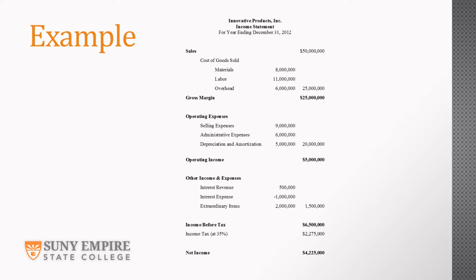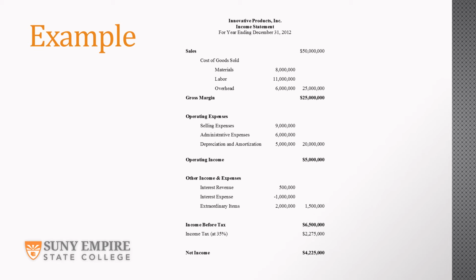Subtracting sales minus the cost of goods sold gives us the gross margin. Then the company lists its other operating expenses: selling expense, administrative expenses, and depreciation and amortization. Subtracting those expenses from the gross margin gives the operating profit.